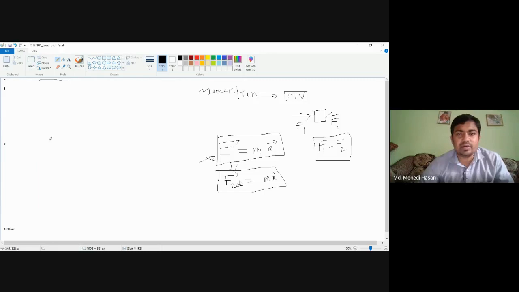Basically in your lecture video, the equation is described like this: net force along the x-axis into i plus net force along the y-axis into j plus net force along the z-axis, in case of three-dimensional, into k is equal to m, which is constant, times a_x i plus a_y j plus a_z k.